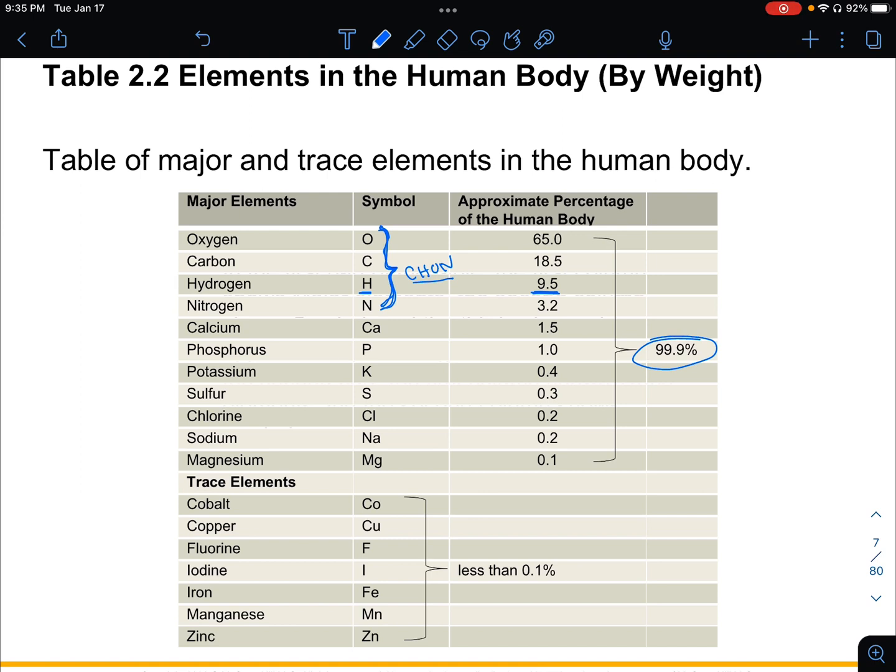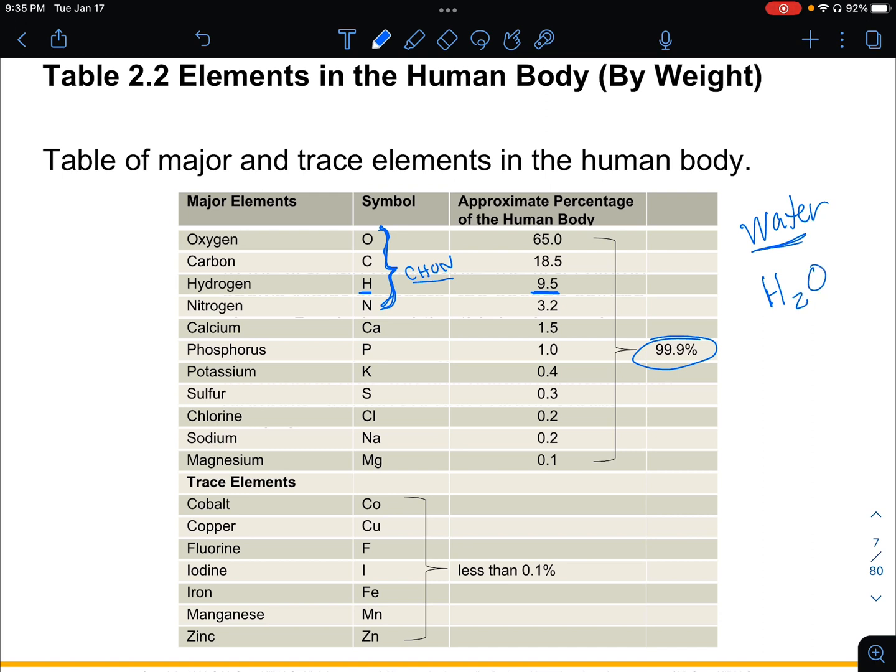What did we say makes up about 70% of our body? Water. So water makes up a good majority of our body, 60 to 70%. And what is the chemical formula for water? H2O.